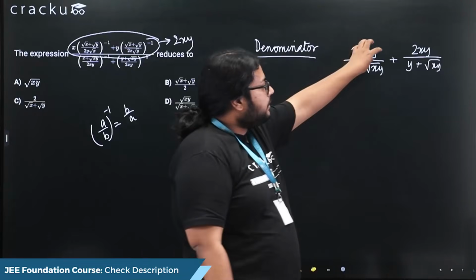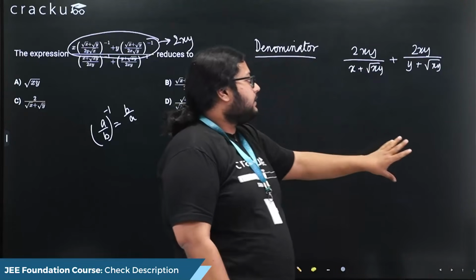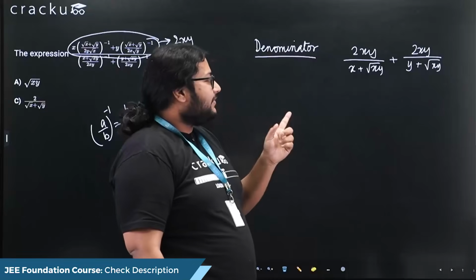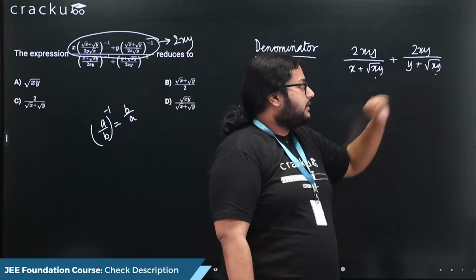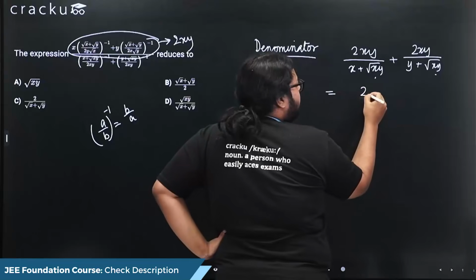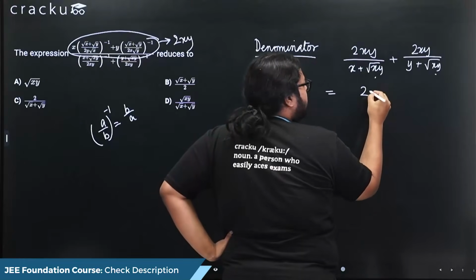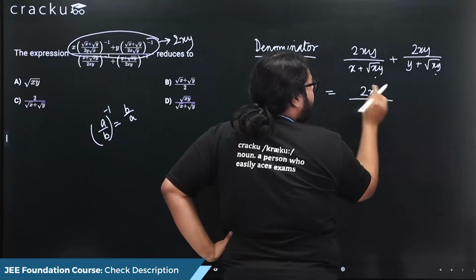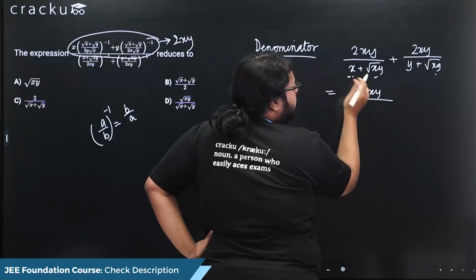Again, we can see that 2xy comes common from both of these. And another thing, if you see, there is root xy here, so what we can do is take 2xy, and I can take root x common from both of these.